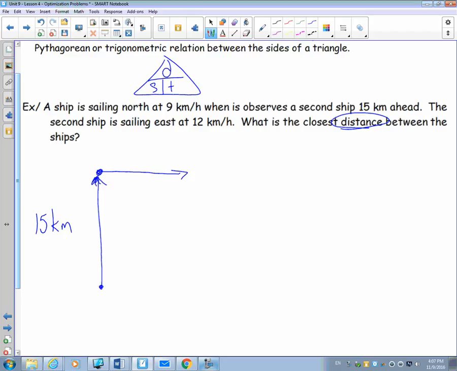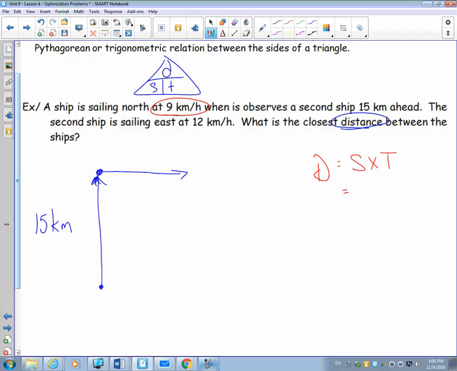Let's look at ship number 1. How fast is ship number 1 moving? It's moving at 9 kilometers an hour, but I don't know how long it's moving for. All I know is that my distance equals my speed times my time.